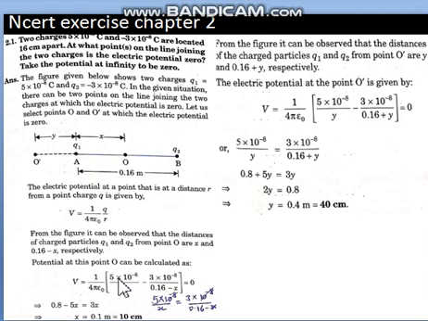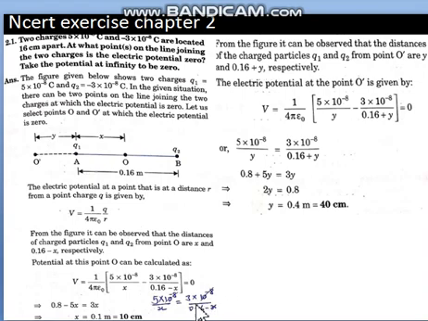Now you can see that because of the minus sign, we can shift it to the other side with an equal sign. So finally this term and this term we can equate. So 5 into 10 raised to power minus 8 upon x equals 3 into 10 raised to power minus 8 upon 0.16 minus x. Now our target is to solve for x.